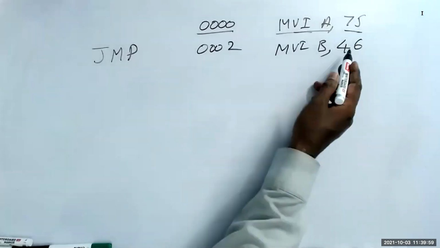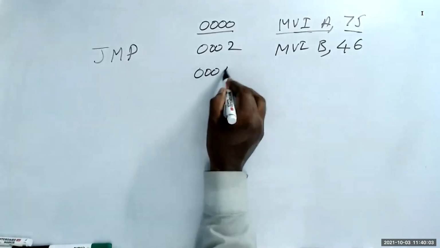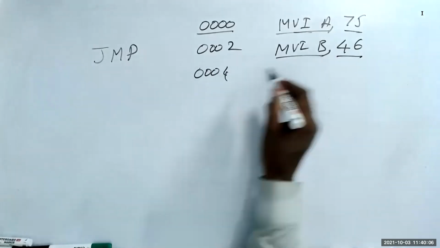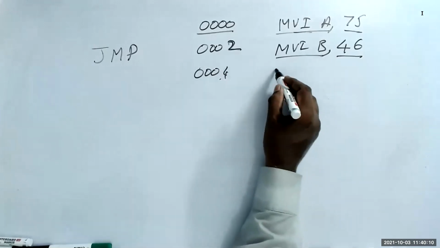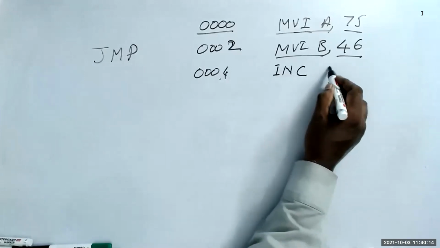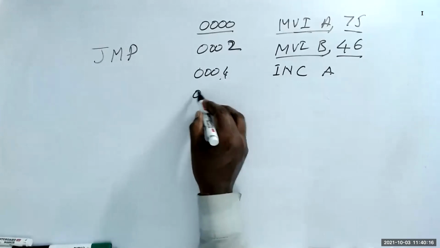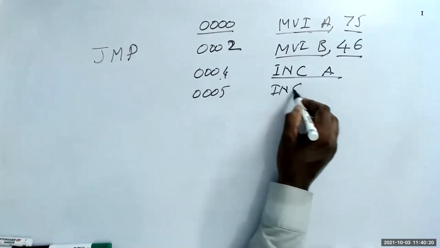Then 0004, because this takes 2 bytes. Then I will say increment A. 0005, this is only 1 byte. Increment B.